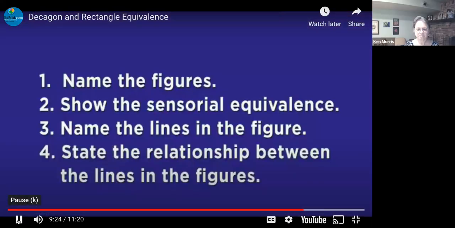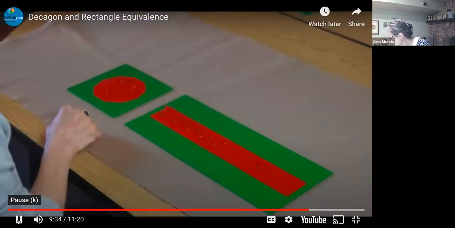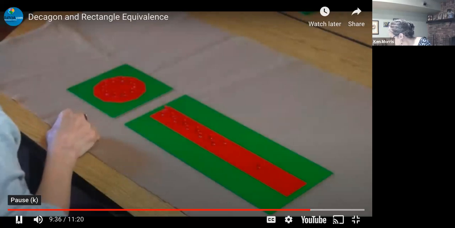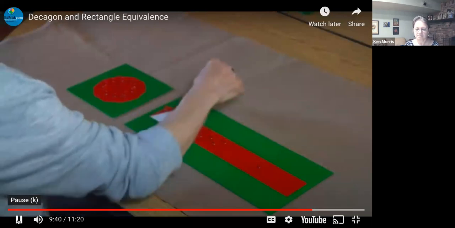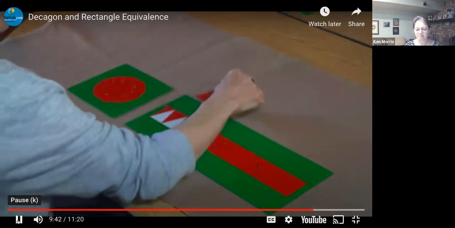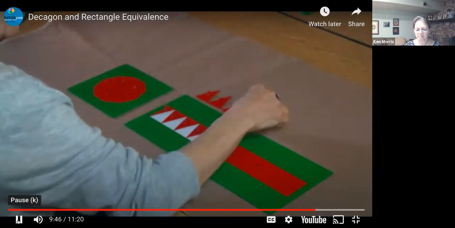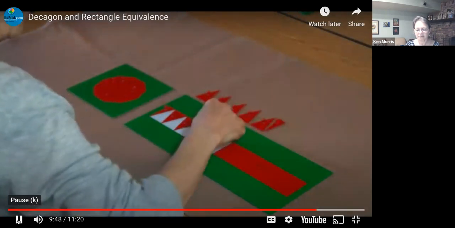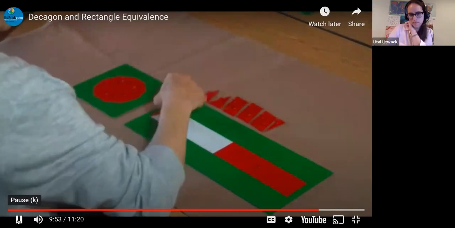Step 4, we'll make a statement of the equivalence of the lines in these figures. So let's look again at the perimeter of the decagon and see if we can find its equivalence to a line on the rectangle.